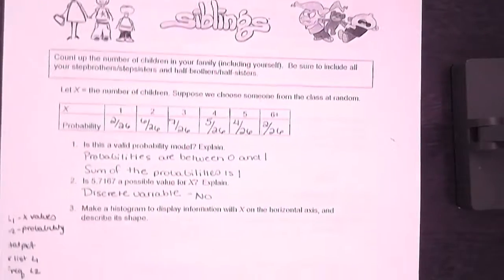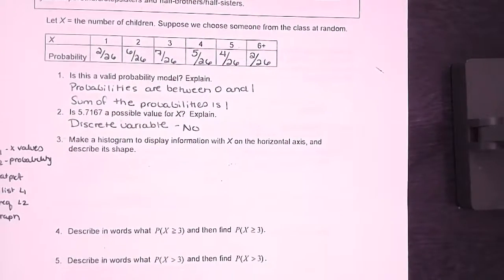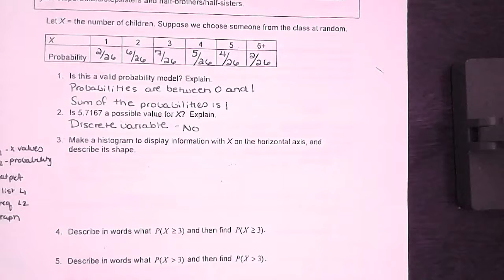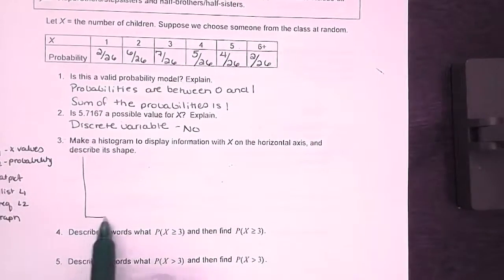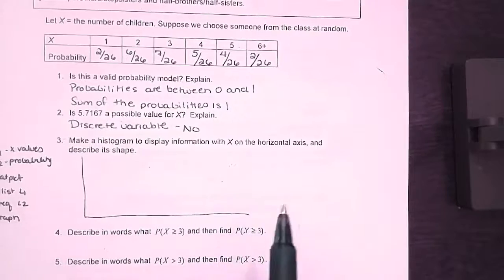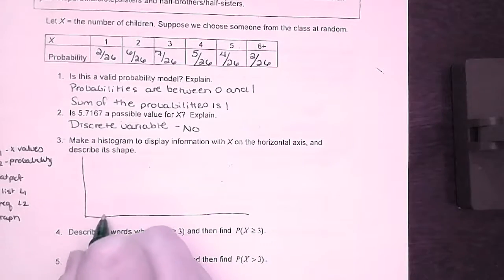It asks us to make a histogram with the display of the information on the horizontal axis, and then describe its shape. I tried to do it in the calculator and it was a disaster, so let's use our own brains to create a histogram.